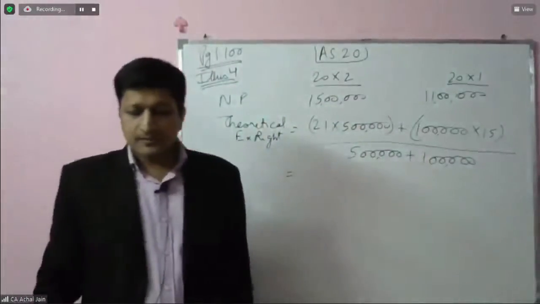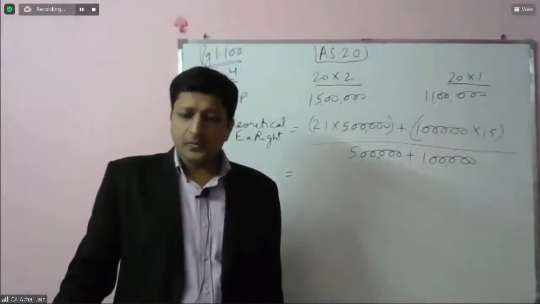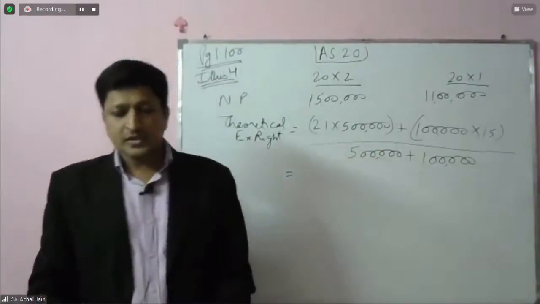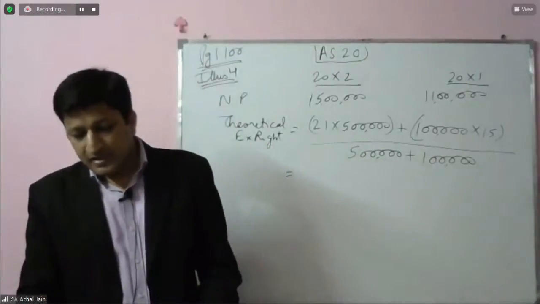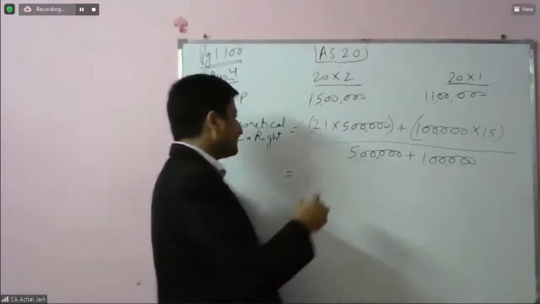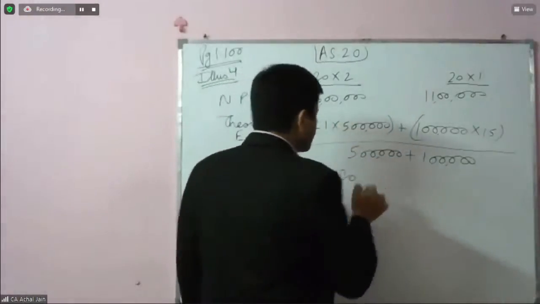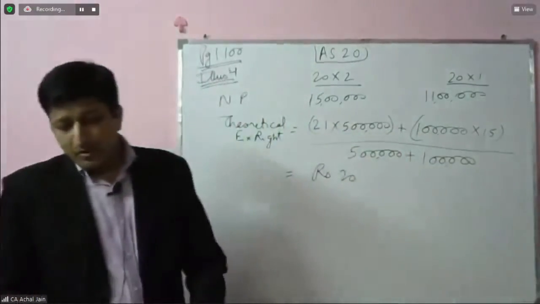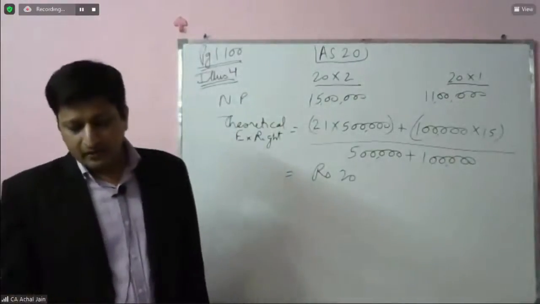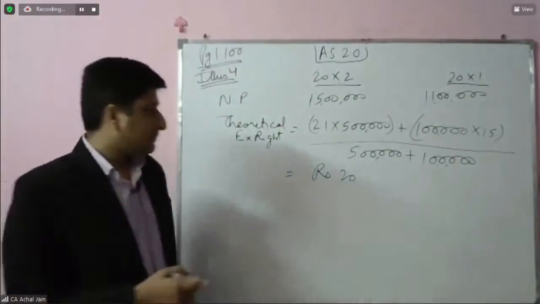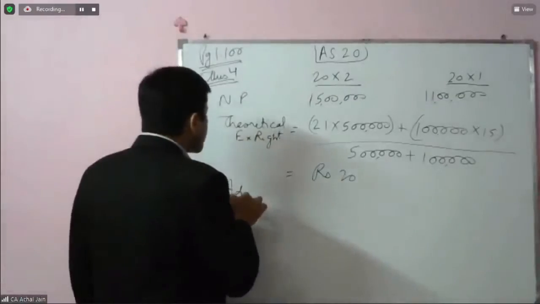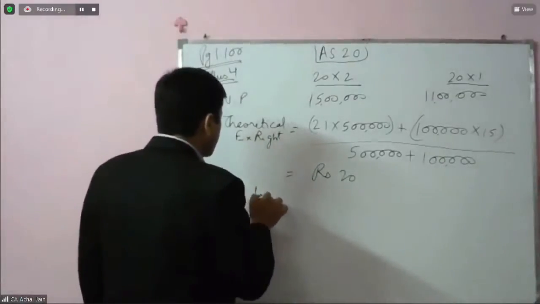Can you compute this? Gilbert has computed this, Manish has computed this. Great. This comes out to rupees 20. Yeah. So now what's the adjustment factor or the proportion? Now study uses the term adjustment factor.